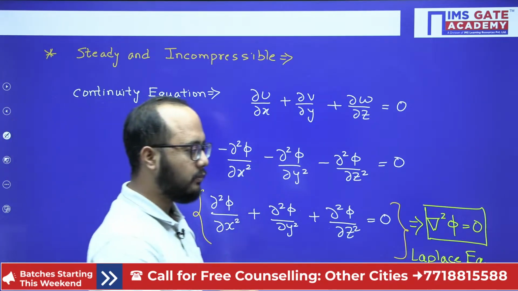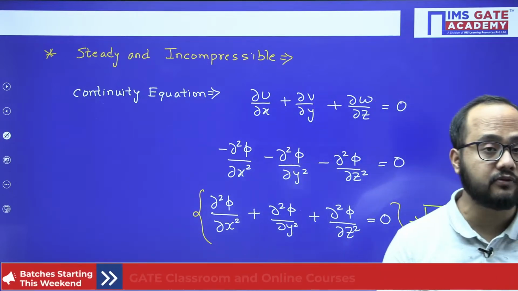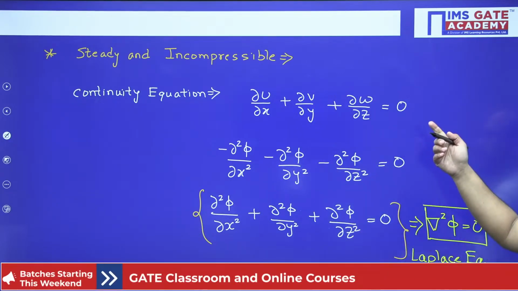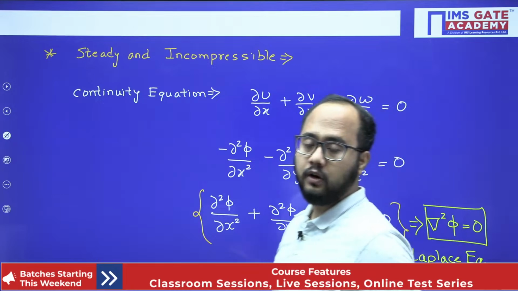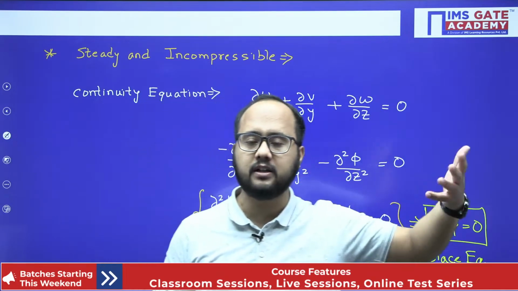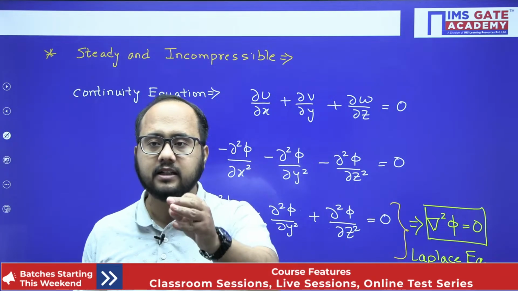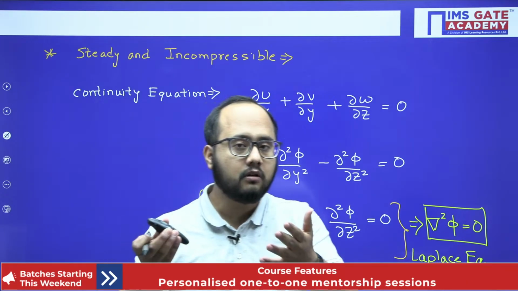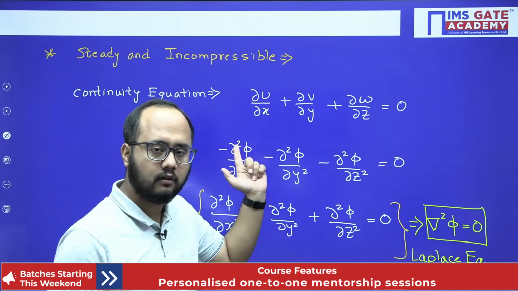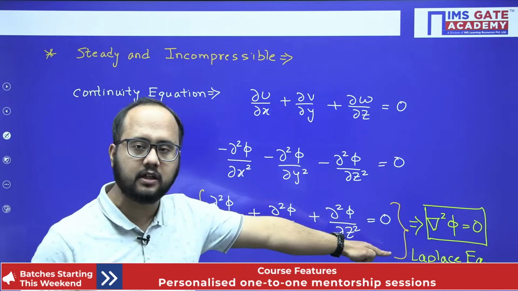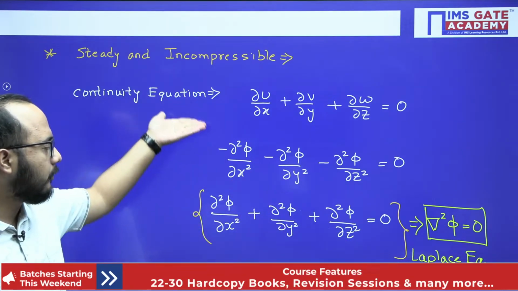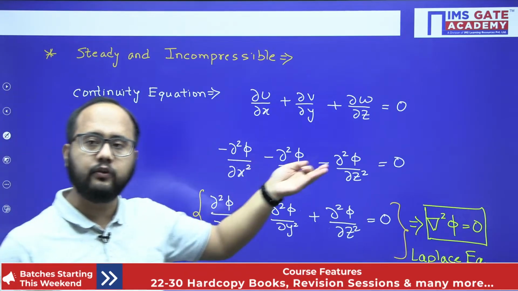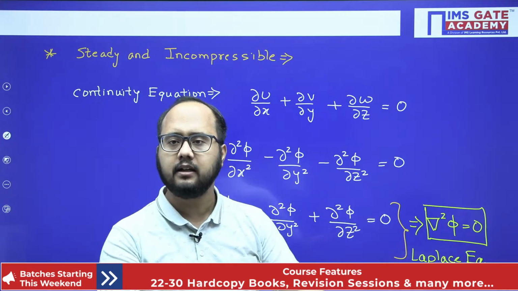Now, very important point. If the Laplace equation is satisfied, it means only then the flow is possible. It's not that whatever potential function someone has given is valid; you need to check whether it is satisfying the continuity equation or not. So in order to check that, we will see this Laplace equation directly, because if you put the values of velocity components u, v and w, ultimately you get the Laplace equation.